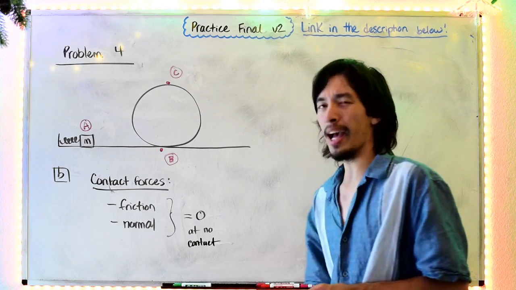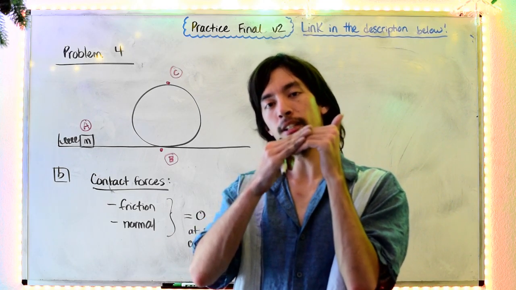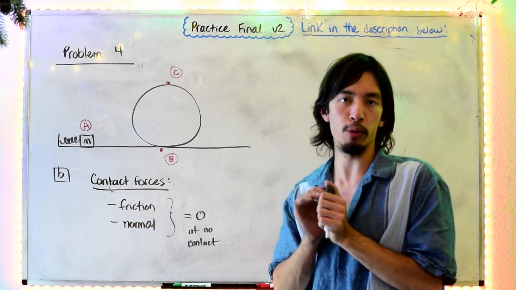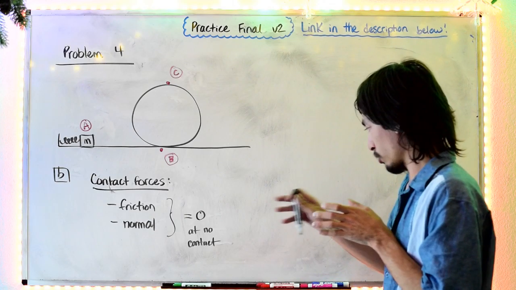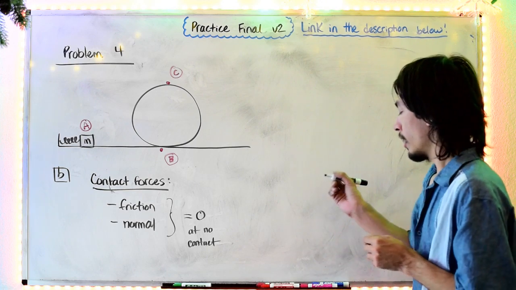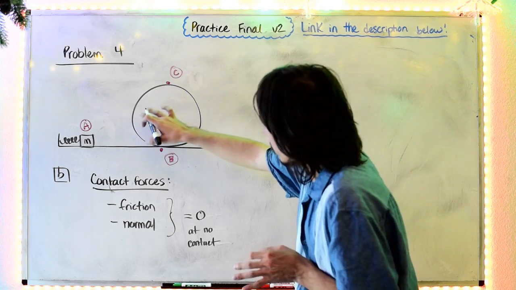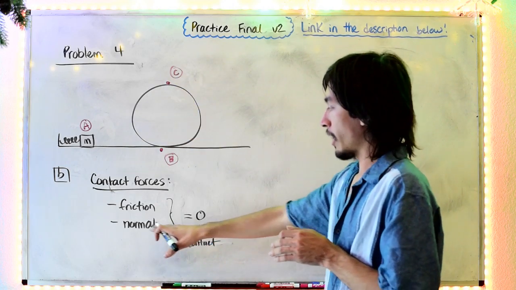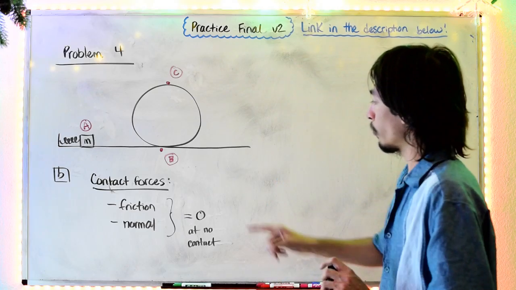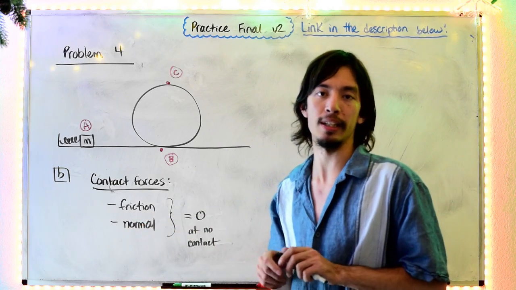Actually, even if you had contact, as long as you're not pushing into the surface or rubbing along it, you wouldn't have a friction or a normal force anyway. But certainly when there's no contact, you won't have those forces because they're contact forces. I'm saying this because when you solve this problem, if you were involving these, one of these is 0. We already have no friction in the problem, so what I am saying is that there is no normal force to consider.